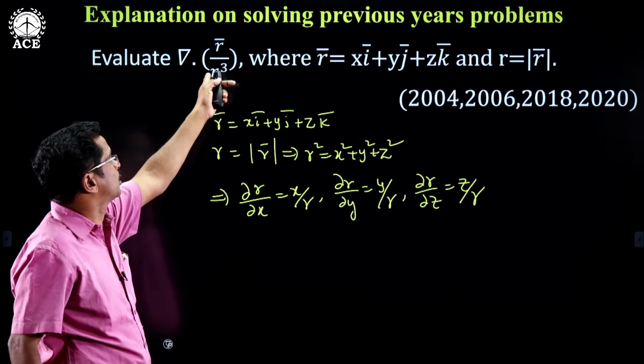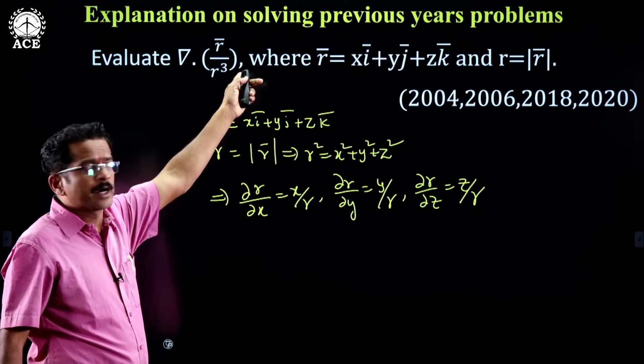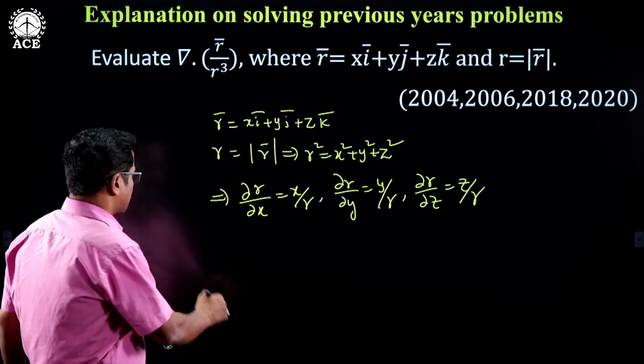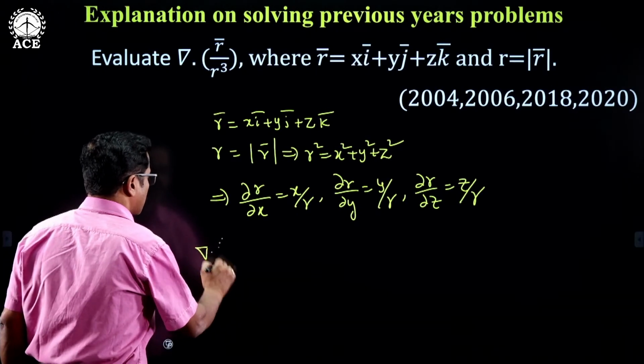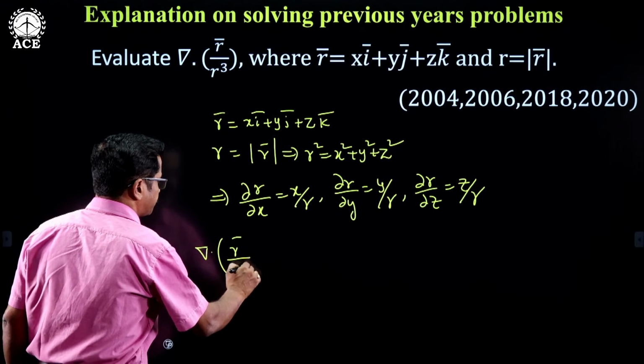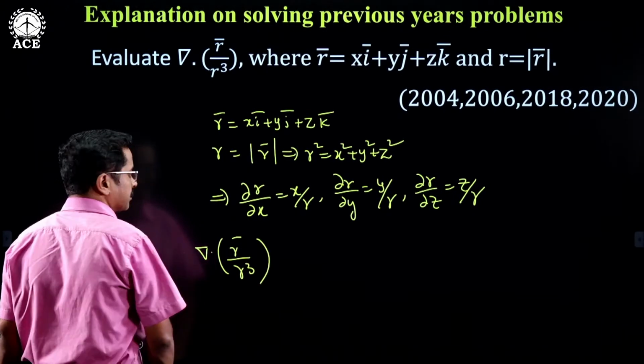Del dot r bar by r cube is nothing but divergence of r bar by r cube. Okay, so del dot r bar by r cube now I am taking.